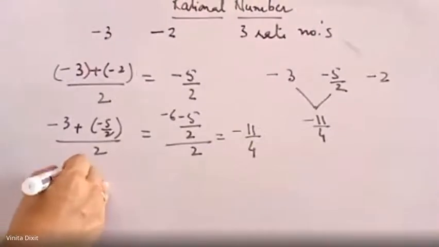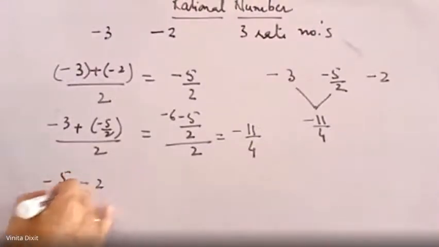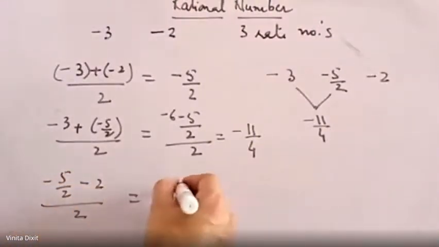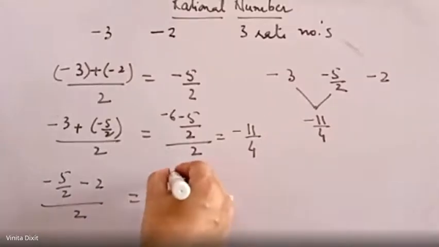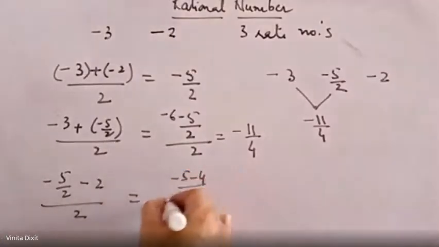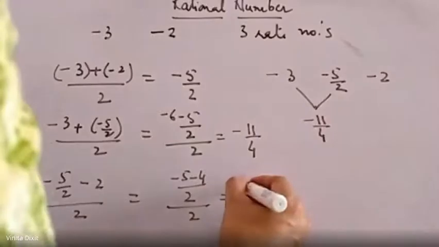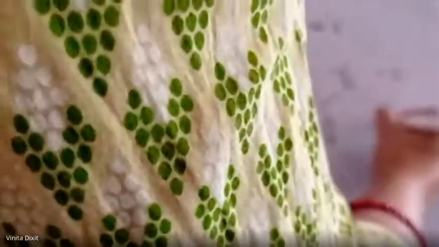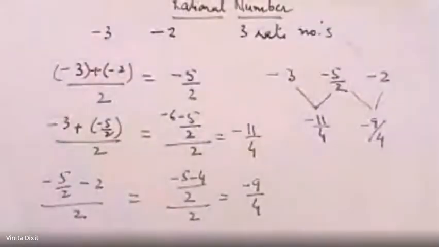So you have minus 11 by 4. Then you can pair these out. Minus 5 by 2, minus 2, whole upon 2. Again 2 is the LCM. Minus 5 minus 4, whole upon 2. So minus 9 by 4. Here you have minus 9 by 4. So you have three rational numbers inserted in between minus 3 and minus 2.